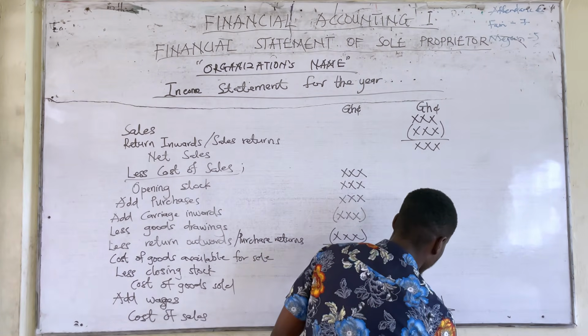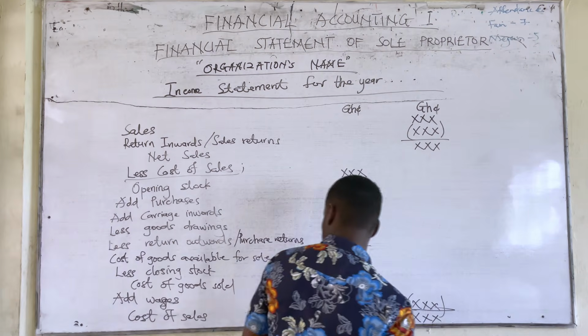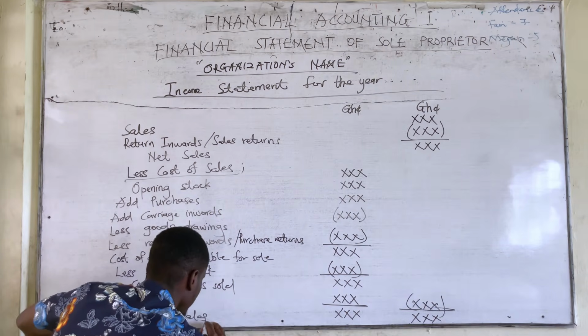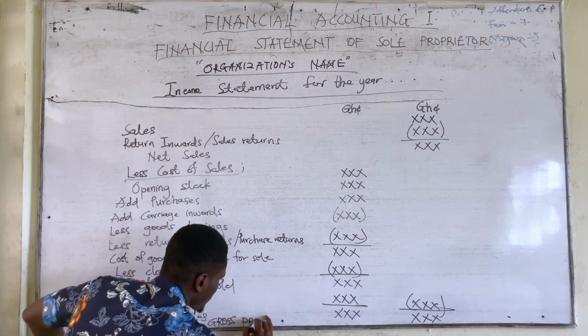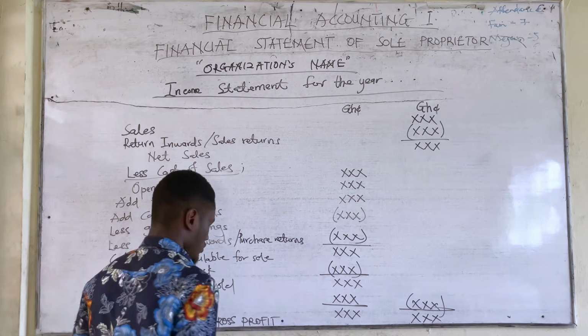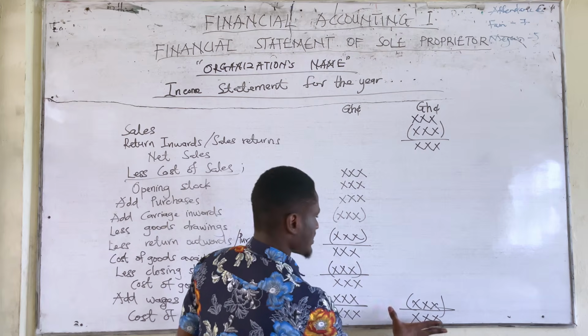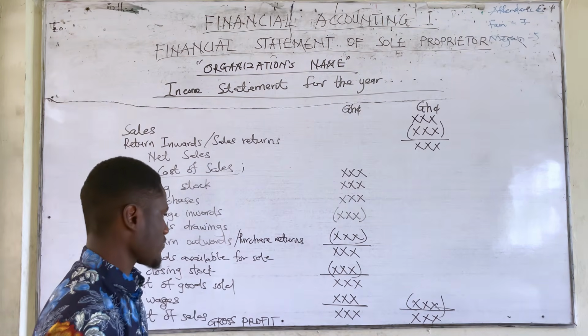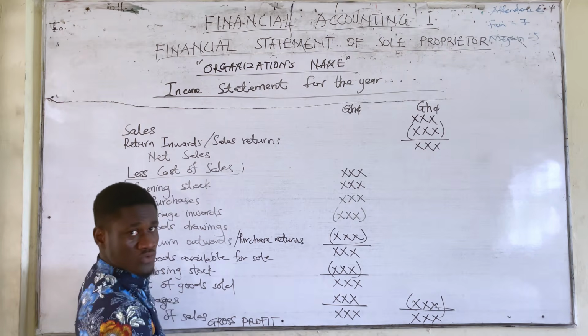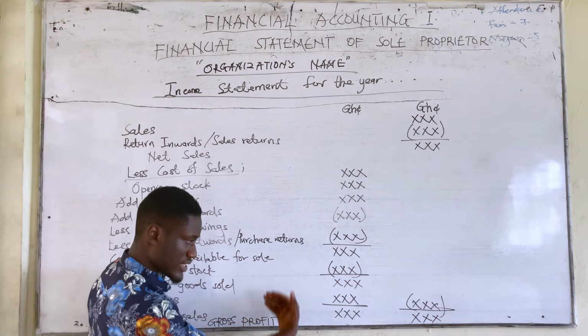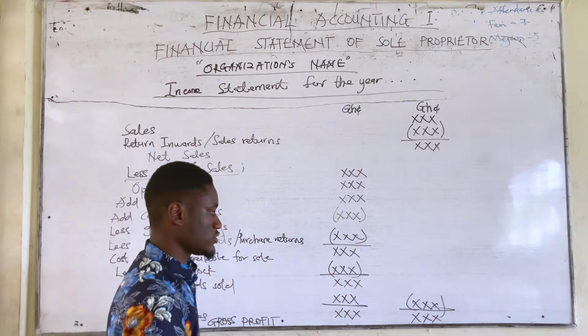So we will subtract from that and we are going to get gross profit. Okay. There's no space, so let me force it here. Good. So we are going to get our gross profit. Since there's no space, I'll clean and we are going to continue from the gross profit. It's just a continuation.